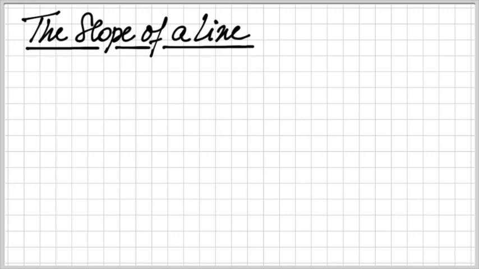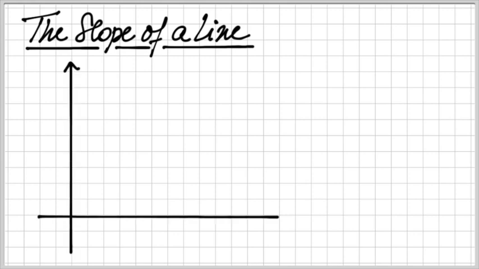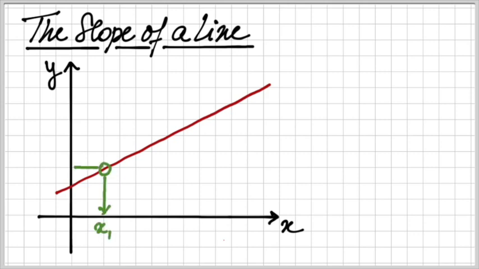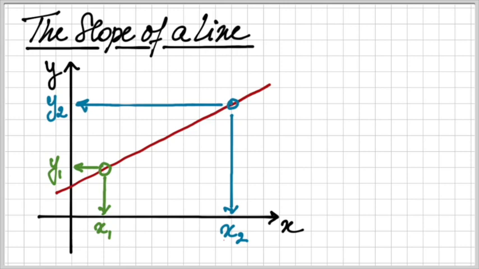Another application that we can do is to look at the slope of a line. When we look at a classical line in the x and y plane, we have the line ax plus by plus c, and we have 2 points of the line. First of all, we have the initial point which has coordinates x1 and y1. We have a second point which has coordinates x2 and y2, and we find the run between x1 and x2 and the rise between y1 and y2.